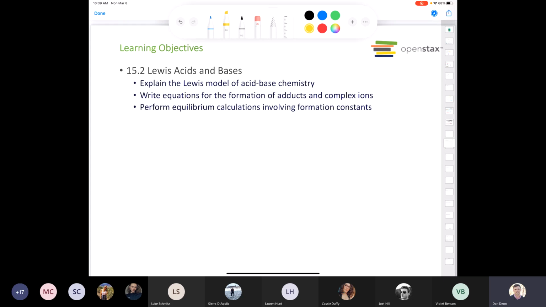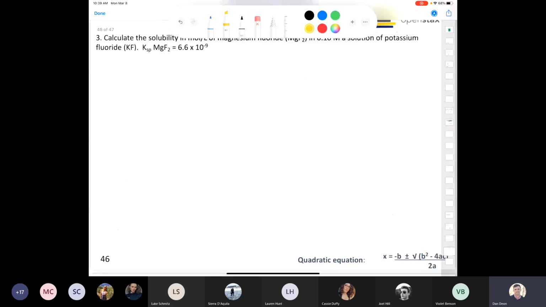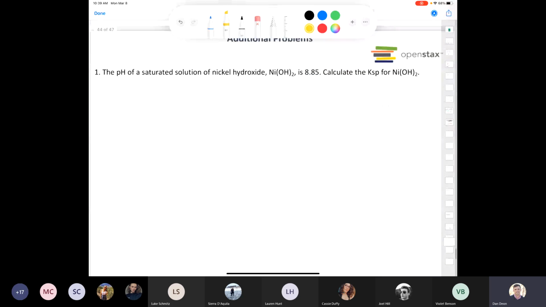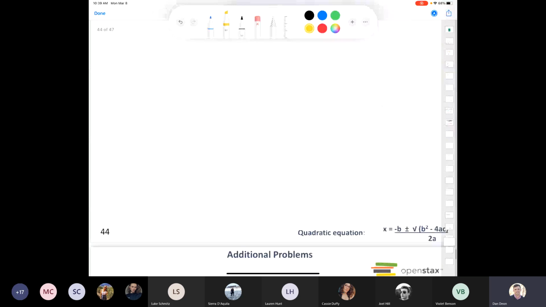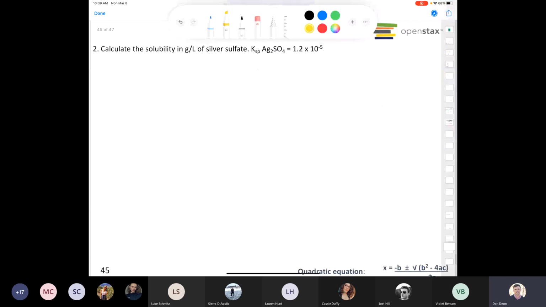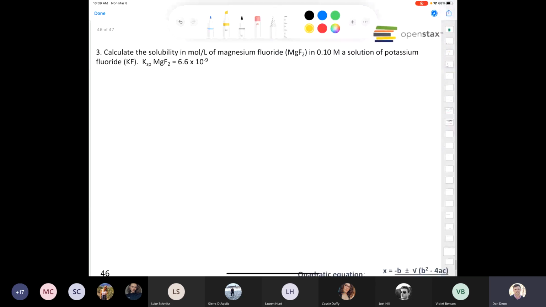We'll talk about formation constants, sometimes called stability constants. Then if there's time, we'll look at question 15.3. I'd also like to look at some of the supplemental problems that I put in here, questions 1, 2, and 3 and the additional problems, just to get some more practice with the first section, which is definitely the biggest section of chapter 15.